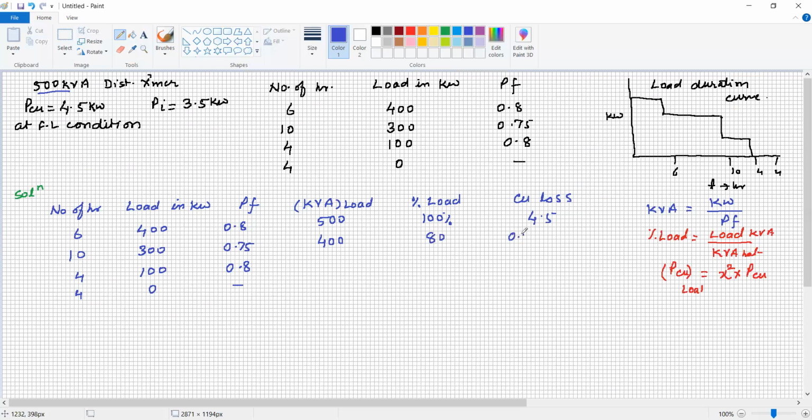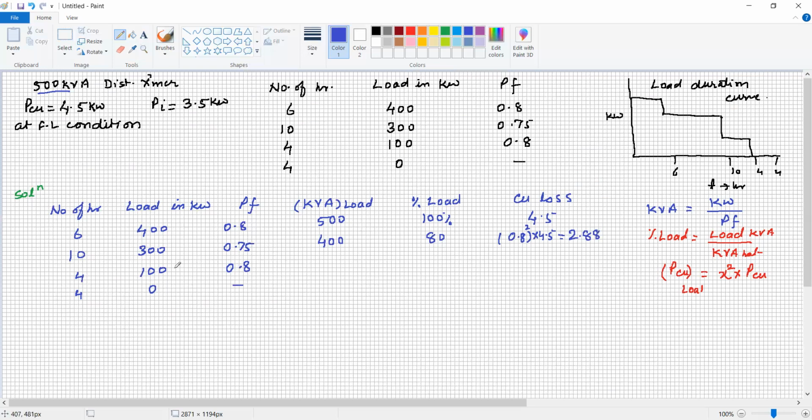So 0.8 squared multiplied by 4.5 is equal to 2.88. So this is the copper loss.